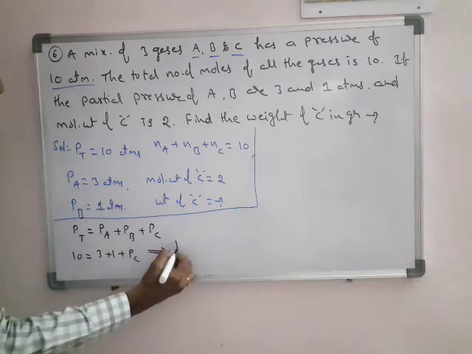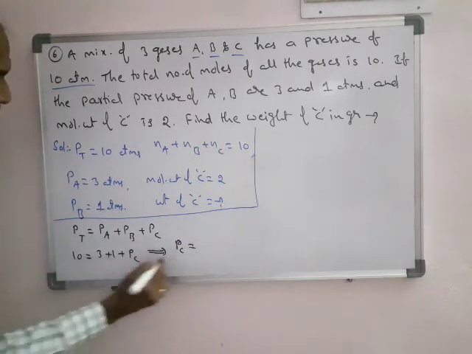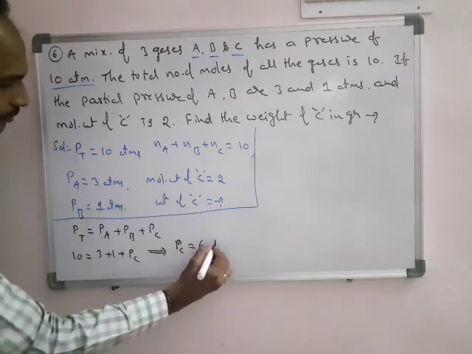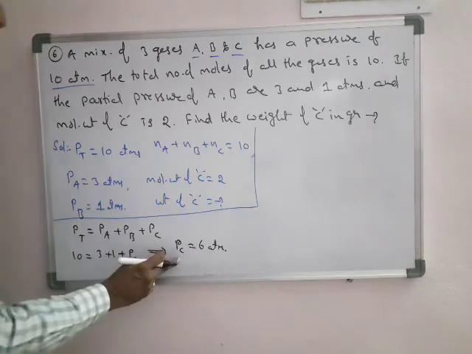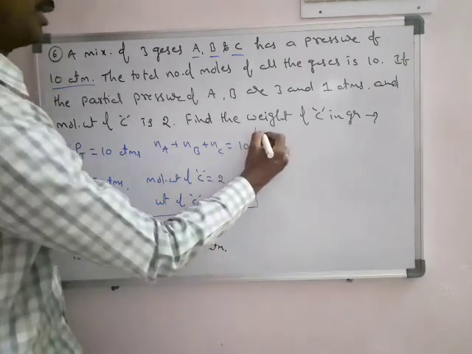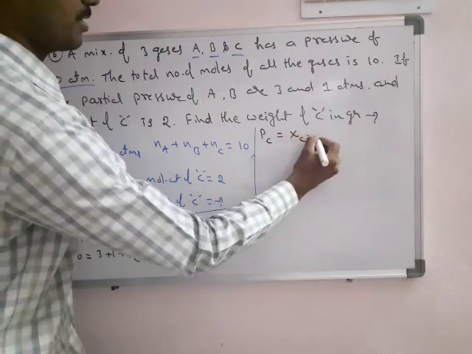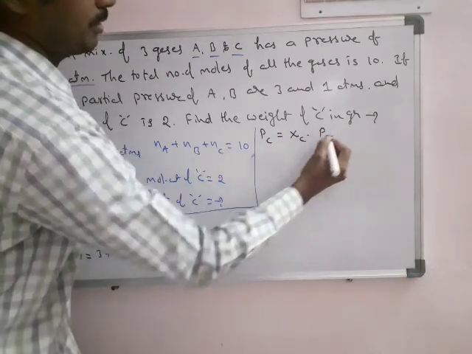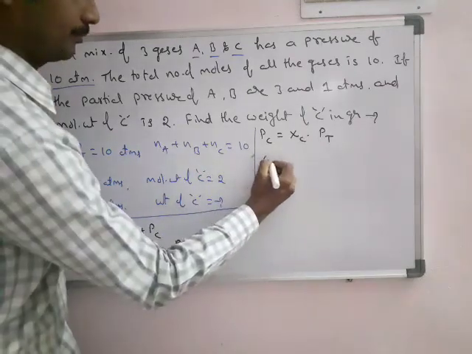And here we get what is the PC? What is the partial pressure of C now? 6 atmospheres. And between partial pressure and total pressure we have a relation: partial pressure of C equals mole fraction of C into total pressure.